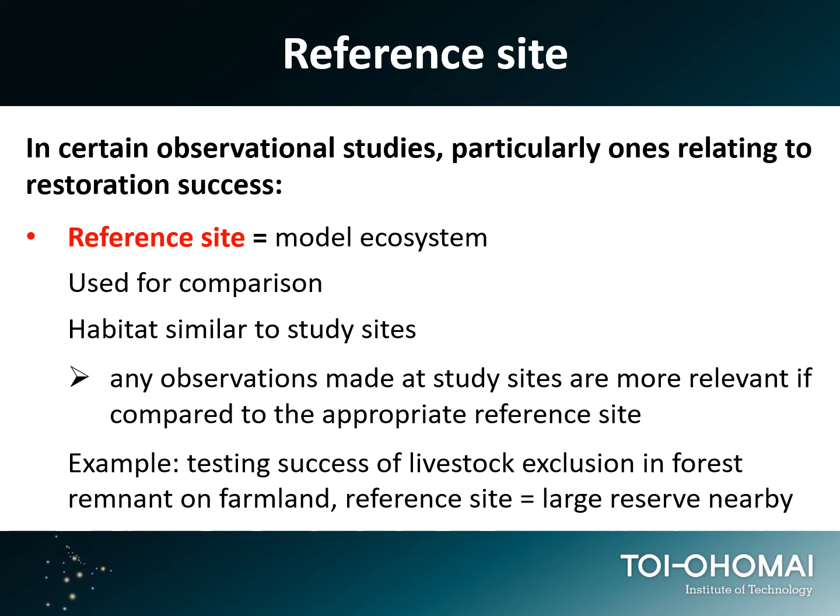You're just going to use an existing paddock, and then you're going to choose a bit of native forest that is similar in terms of terrain, in terms of steepness and gradient and rainfall and everything else that you can possibly think of that's similar, and use that for comparison. So that is a reference site.